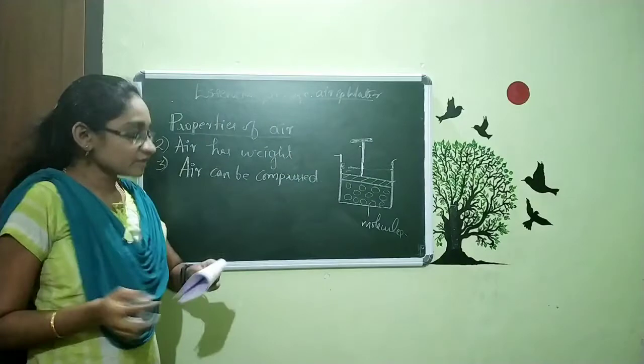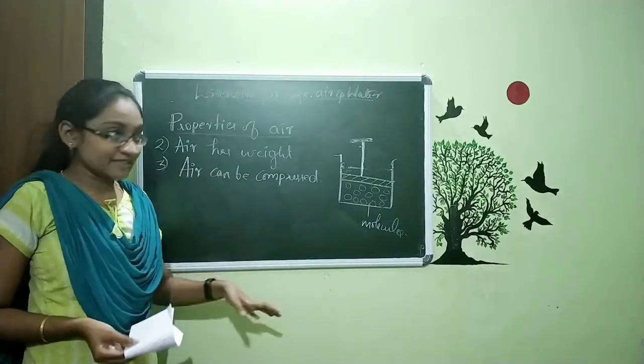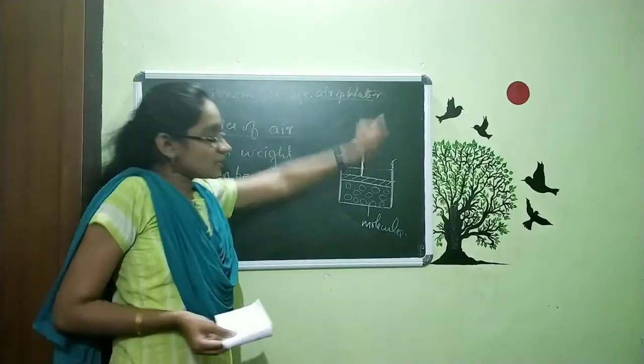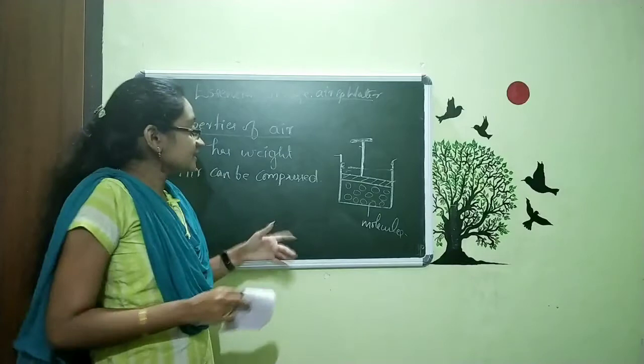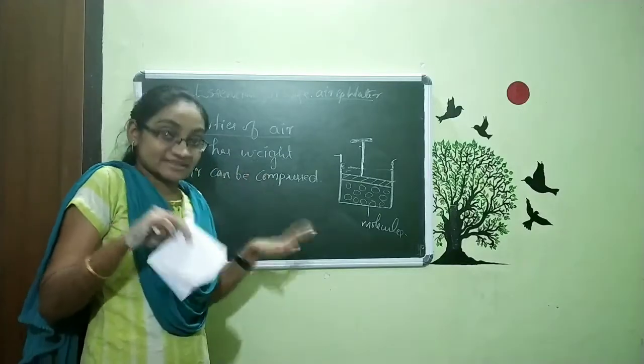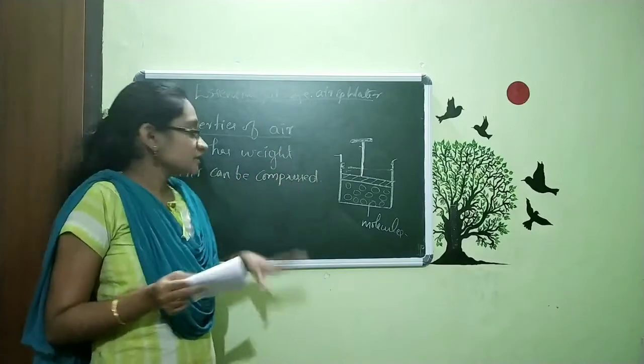We are only mentioning that we can compress the air. That means when we give pressure on the gas, the molecules get closer. And we can say it is compressed, or it is compressible. We can compress the air. So that is the thing.